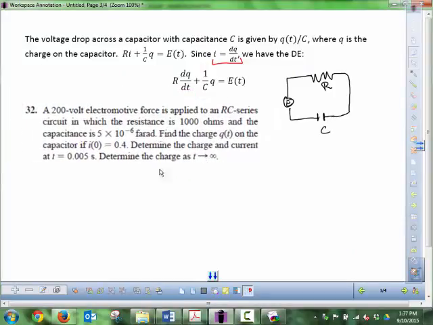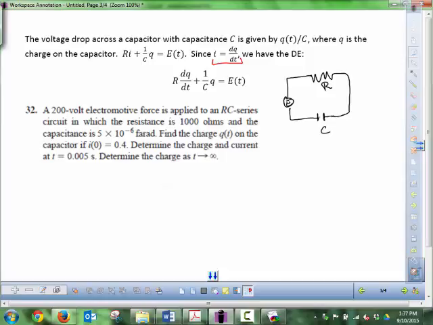We got a 200 volt electromotive force applied to an RC series circuit, in which the resistance is 1,000 ohms, and the capacitance is 5 times 10 to the negative 6 farad. Find the charge on the capacitor.